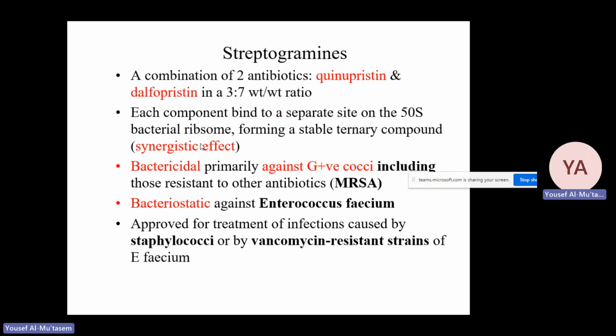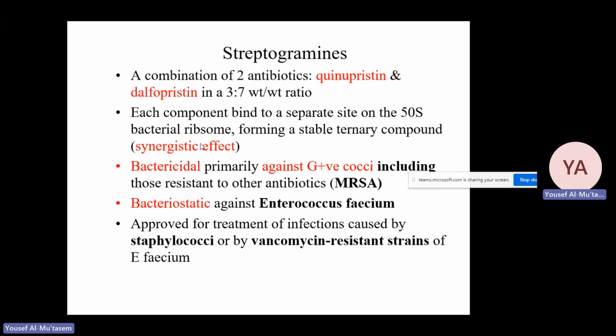The streptogramins and the linezolid are important because they are the last defense we have against MRSA, the methicillin resistant Staph aureus, especially VRSA, the vancomycin resistant Staph aureus, as well as the vancomycin resistant strains of Enterococcus faecium. So they are the last resort beside the linezolid.